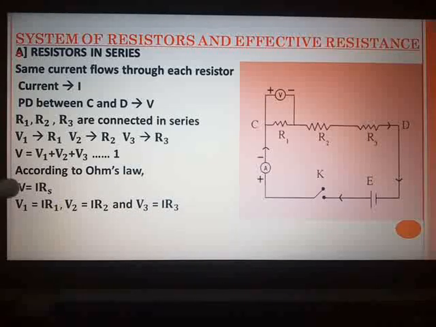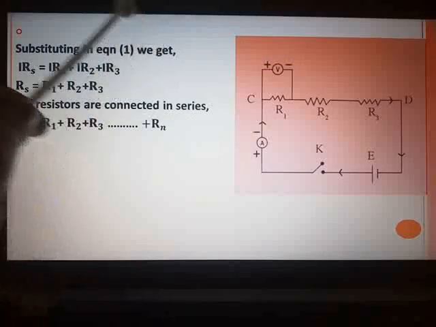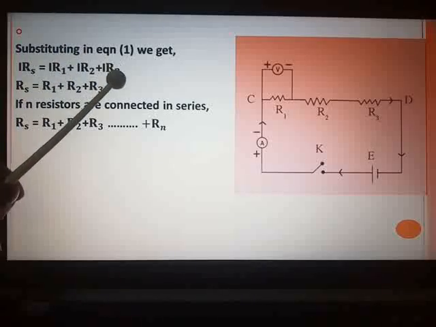Now all these values of V, V1, V2, V3 we are going to substitute in equation number 1. So substituting in equation number 1, what was the value of V? I RS. So I RS is equal to I R1 plus I R2 plus I R3.